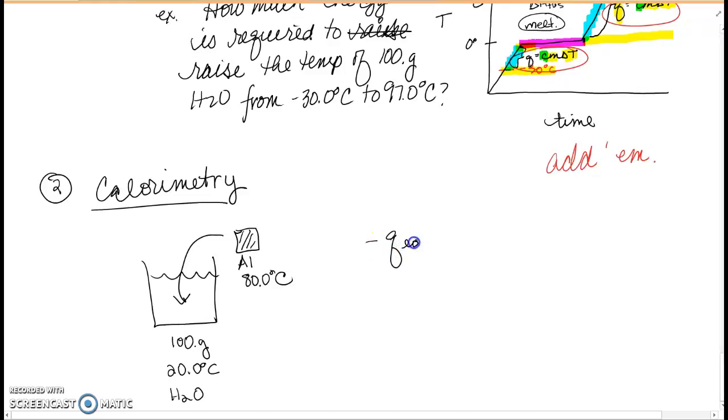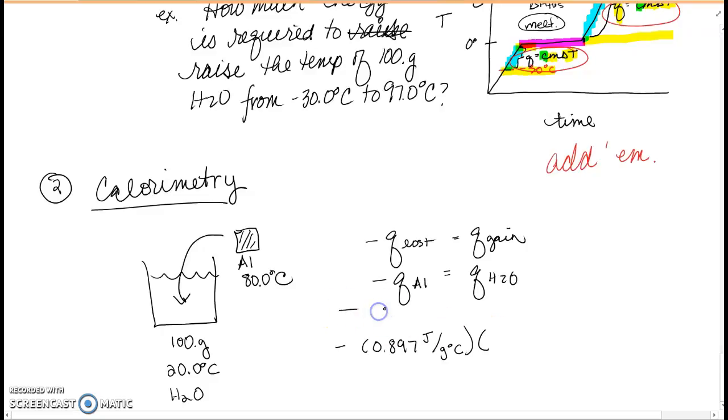Well, we know that negative Q lost is equal to Q gained. We know that negative Q for the aluminum, which is losing the heat, is equal to Q for the water. And so we know that negative, the specific heat of aluminum, 0.897 joules per gram degree Celsius.